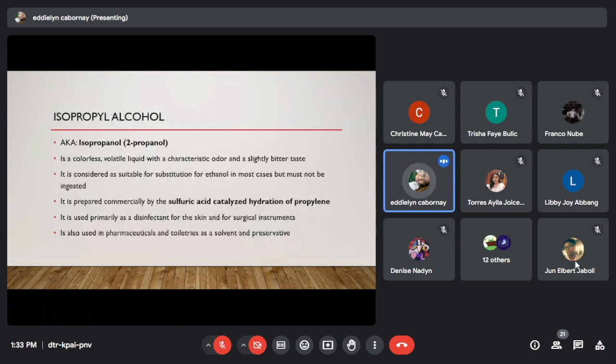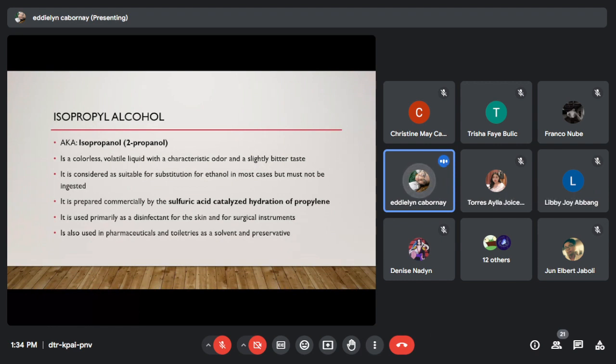We have isopropyl alcohol. The other terms are isopropanol and 2-propanol. So it is a colorless, volatile liquid with a characteristic odor and a slightly bitter taste. It is considered suitable for substitution for ethanol in most cases but must not be ingested.